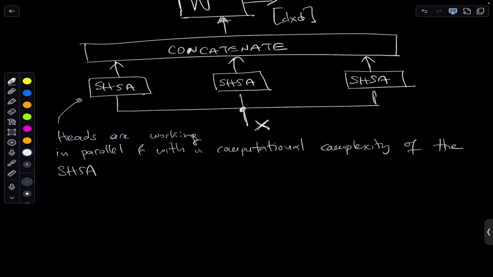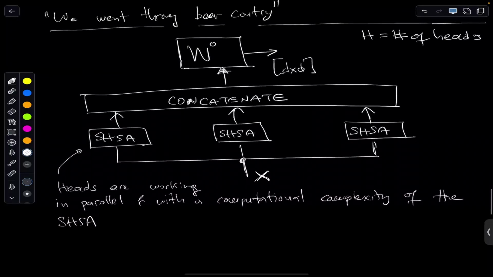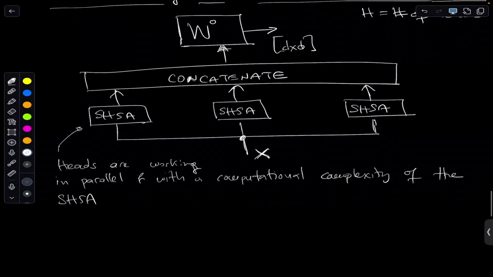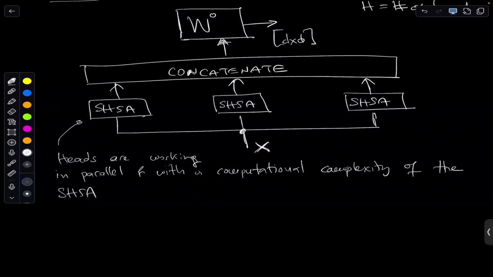So despite the fact that we have multiple heads, we take care of the dimensionalities of each single head self-attention. We divide it by the number of heads, capital H, shown in this diagram, so that the computational complexity is manageable.